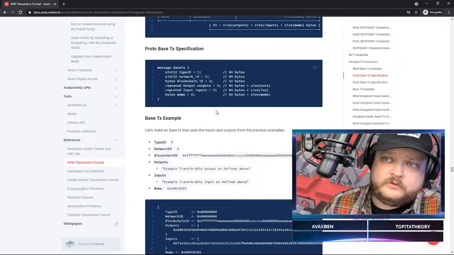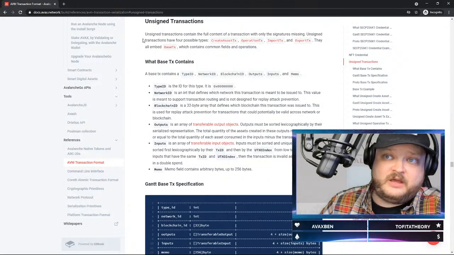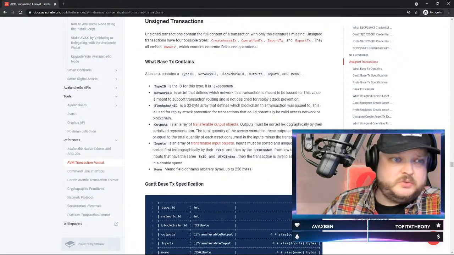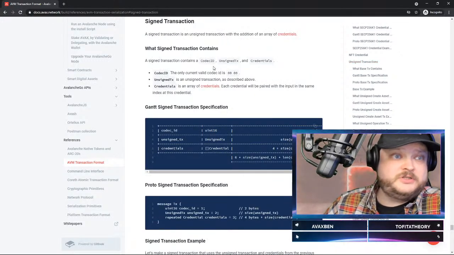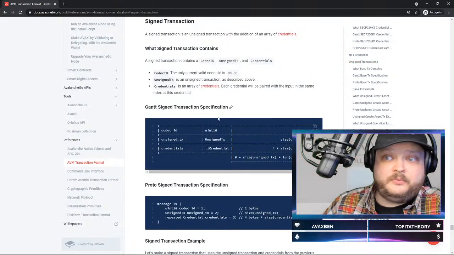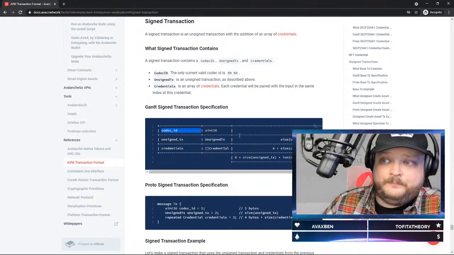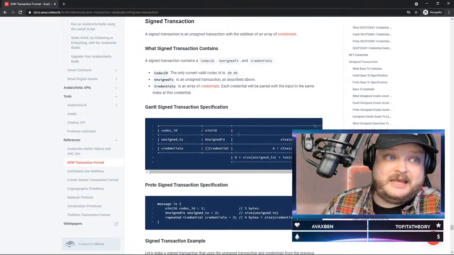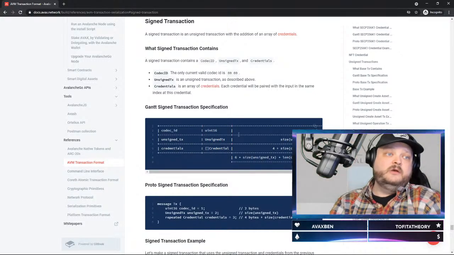Anyway, so that's basically the sum of how an unsigned transaction is built. And then the question is, what do you do with this unsigned transaction? Well, of course, you sign it. And so I want to point something else out, which is that there's a codec ID, which is prepended to every signed transaction.